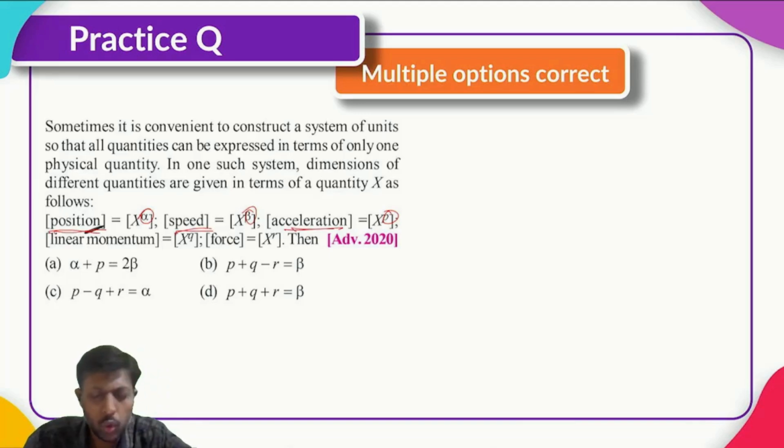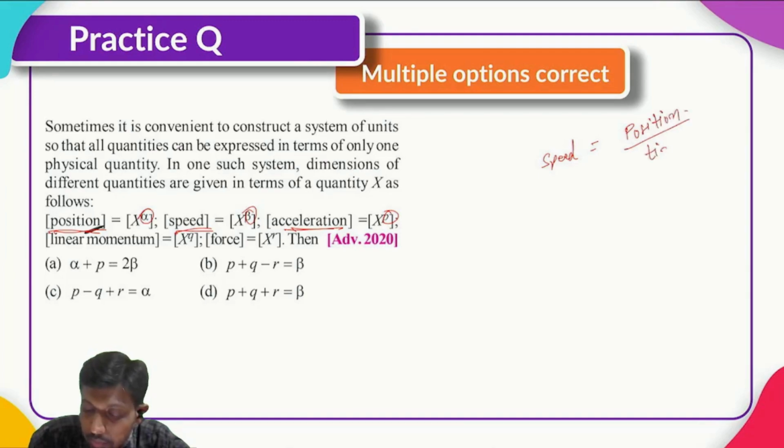Let's write whatever we know first. Speed, we know it's position by time, isn't it? Now, we know how position is represented in terms of this new fundamental quantity, x. We know how speed is represented, but we don't know how time is represented.